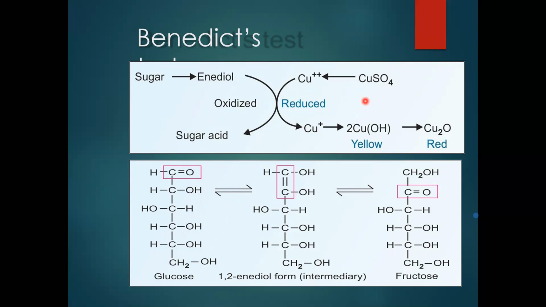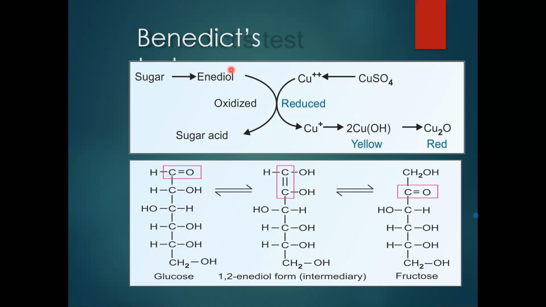Here, first we come to know this enediol, which we were talking about. If we need to convert glucose to fructose, it has to go through an intermediate form, which is an enediol rearrangement step. So this is 1,2-enediol, which is an intermediate formed when we convert glucose to fructose. Now, this Benedict's test can only be performed when a certain alkaline condition is prevailing.